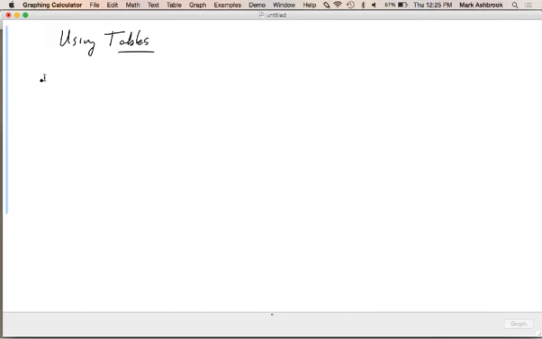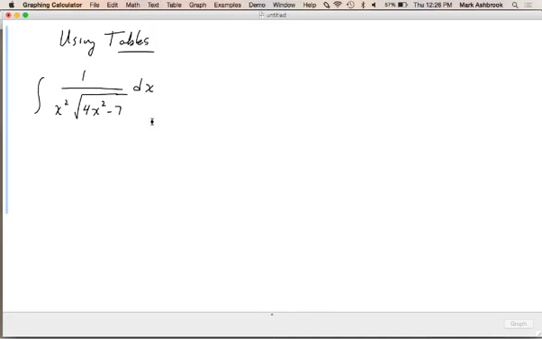Okay, so here's an integral. Definitely not undoing the chain rule.